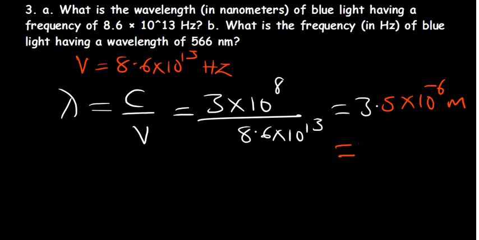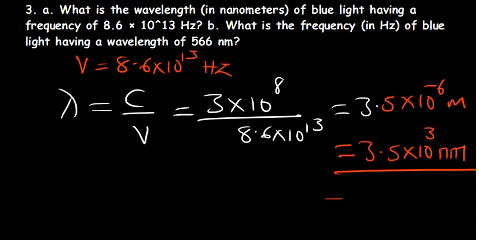So we'll have 3.5 times 10 to the power 3 nanometers. In normal form it's going to be 3,500, but we can leave it there. So 3.5 times 10 to the power 3 nanometers.